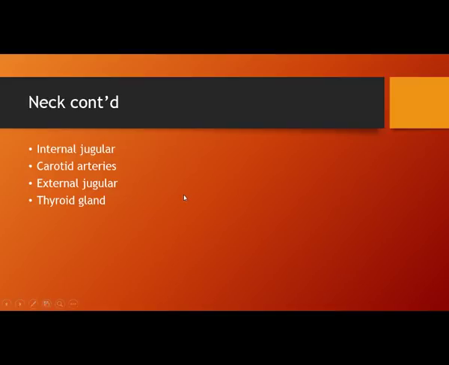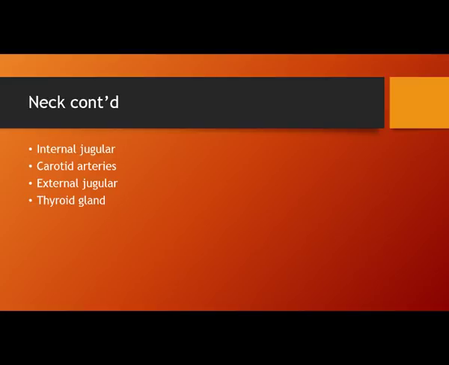Other important structures you'll find in the neck: the internal jugular and carotid arteries go together, and they're directly in front of the sternomastoid muscle.